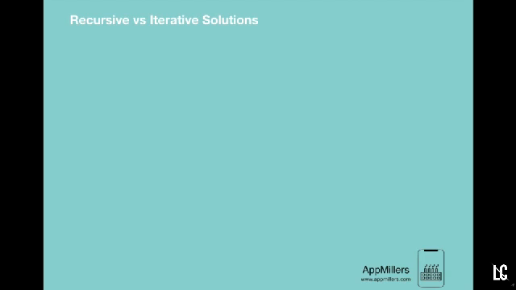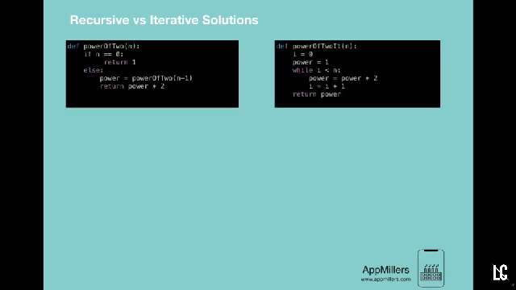Let's look at an example which was implemented in both ways. Both methods calculate the nth power of 2. As a parameter, both methods take n, which is an integer. In the recursive function, we have an if condition, which is a base condition to stop infinite recursion.